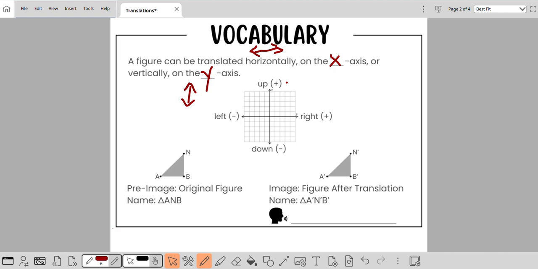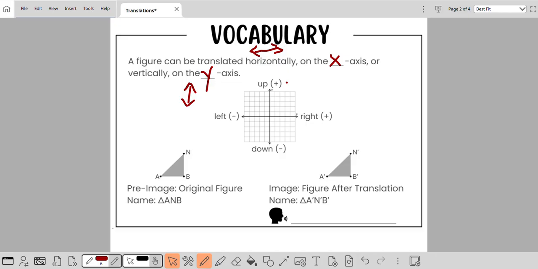Okay, so for example, let's look at this pre-image, what happens before we translate. It says the pre-image is the original figure. Its name is triangle ANB. Now it says figure after the translation is triangle A prime N prime B prime.